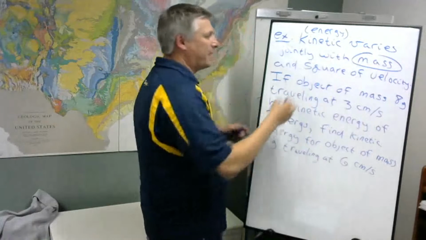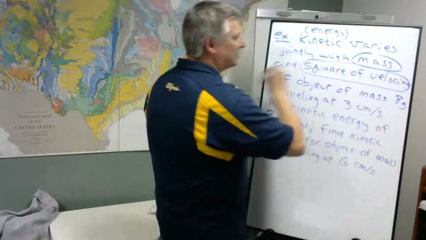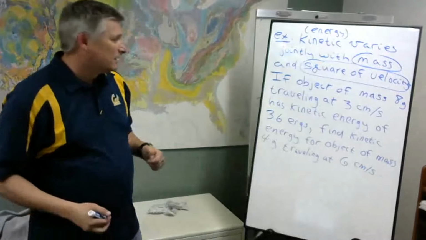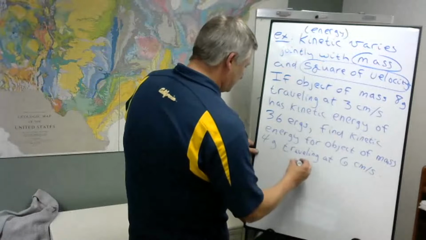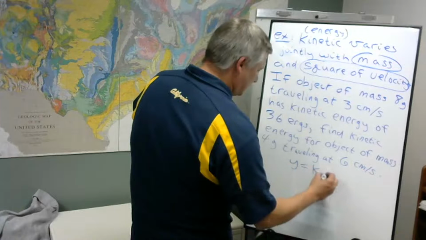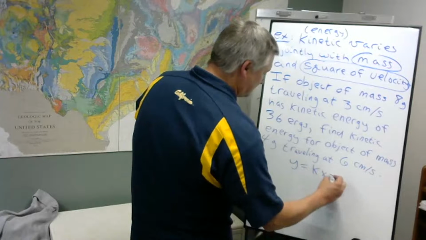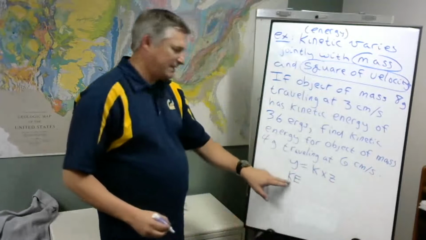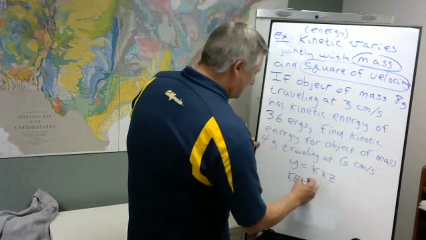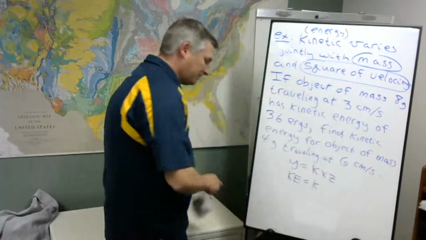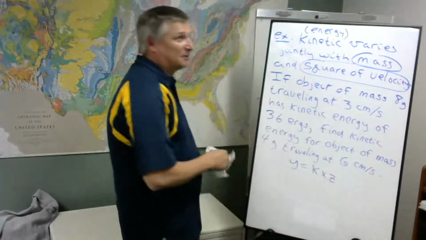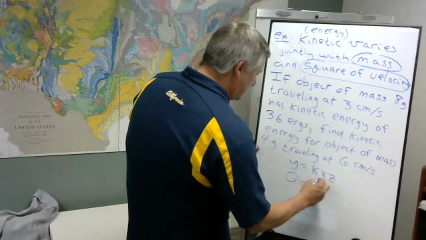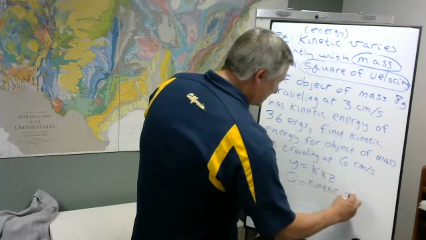We're varying jointly with mass and square of velocity. So we're going to come up with a velocity variable, and we're going to square it. So that means whenever y equals kxz, well, let's call it, let's see, capital Q. We'll go with Q. So let Q equal kinetic energy.